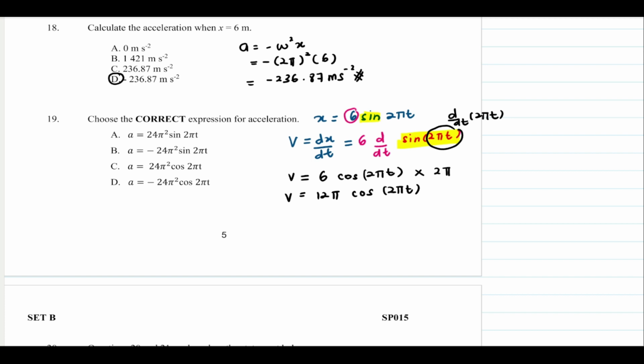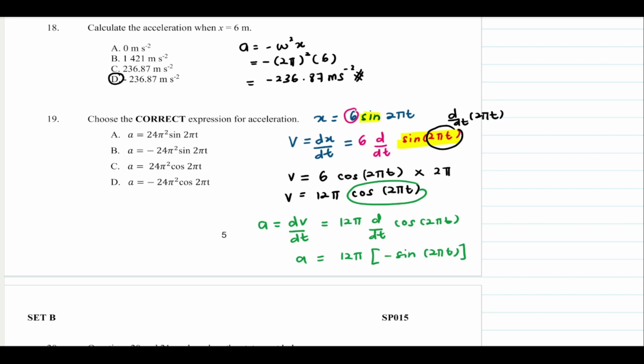So now let's continue. So we need to differentiate V in order to get expression for acceleration. So dia akan jadi sama tadi 12 pi, differentiate this the whole thing of cos. Differentiate cos akan dapat negative sin. Okay, so dia akan dapat 12 pi negative sin 2 pi t.